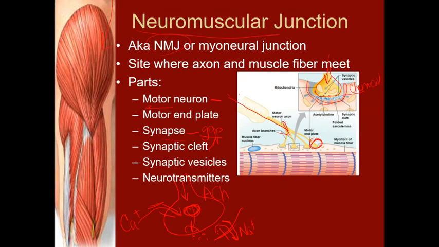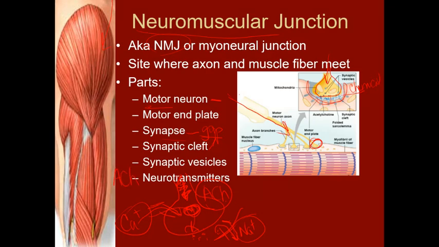So it allows sodium to flow in. I have gone from an electrical signal up here to a chemical signal with calcium that got transmitted to another chemical signal called acetylcholine, cross that gap, and now a third chemical signal, sodium, is now going to trigger that muscle cell to do what it needs to do to contract. There's a lot of different neurotransmitters out there.